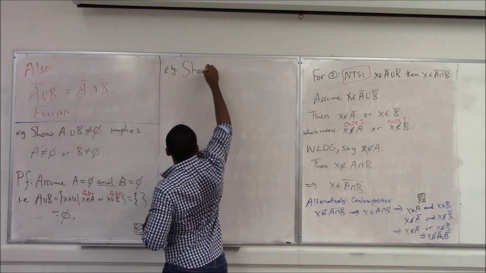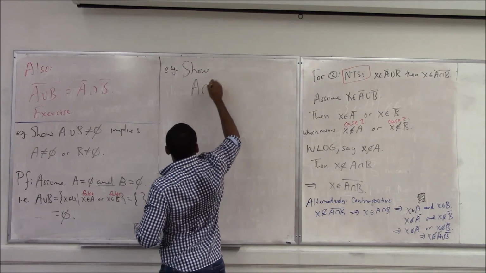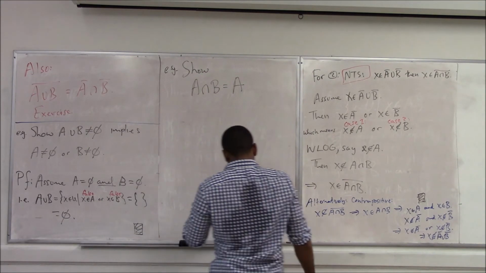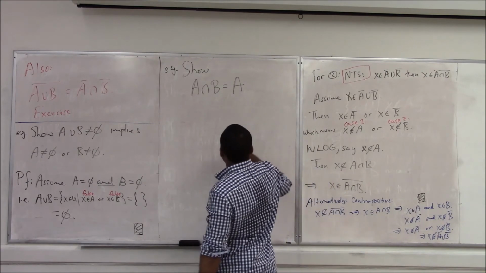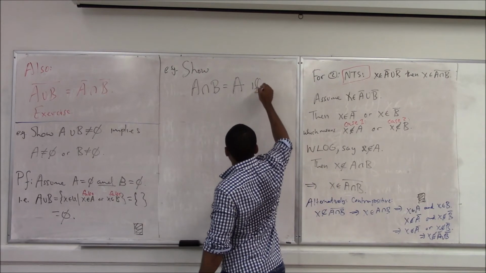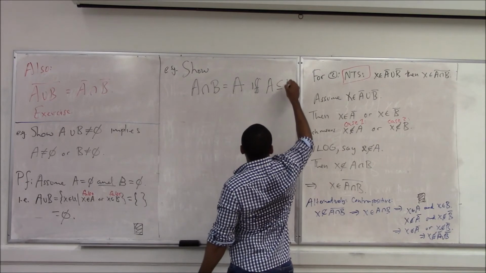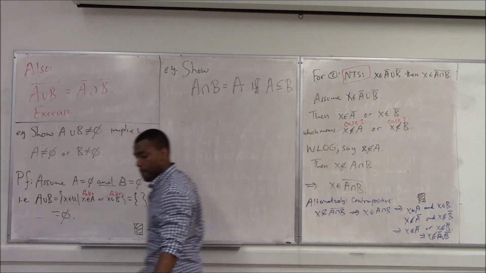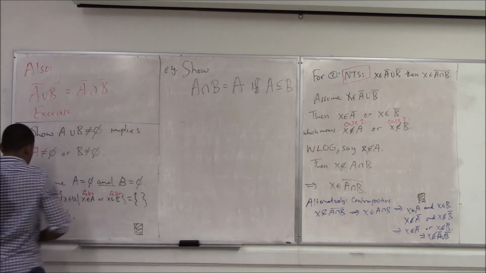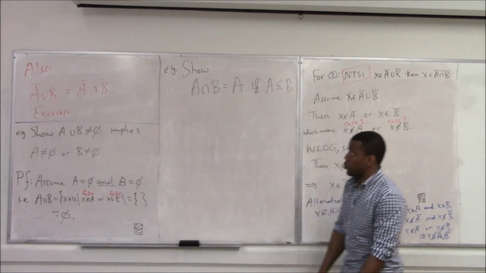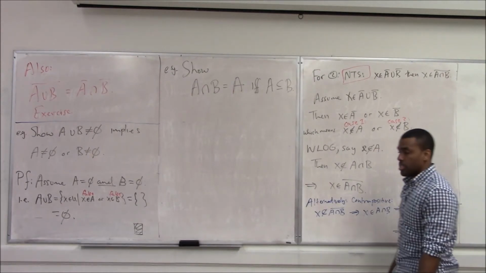Show that if A intersect B is the same as A, this will happen if and only if A is a subset of B. If you take the intersection of two sets and it's equal to just one of the sets, then it means that set is a subset of the other one.